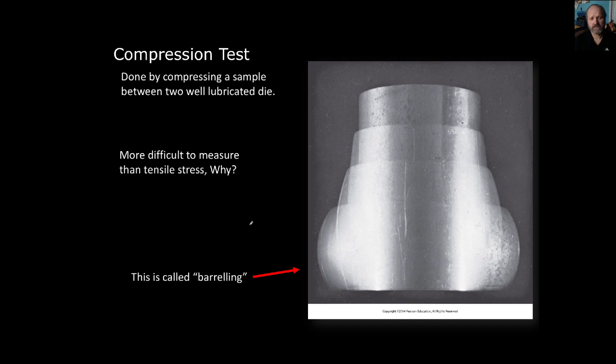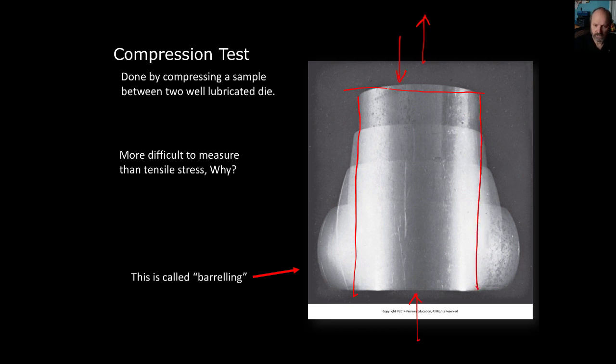All right, so we did tensile testing where we pulled on our sample and stretched it. But what happens if we push down on the sample? Okay, so this image here is taken at 4 different times during a compression test. So this is before compression, so it's a nice cylinder before we apply any kind of compressive load.